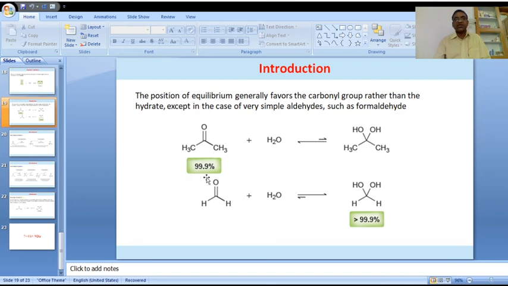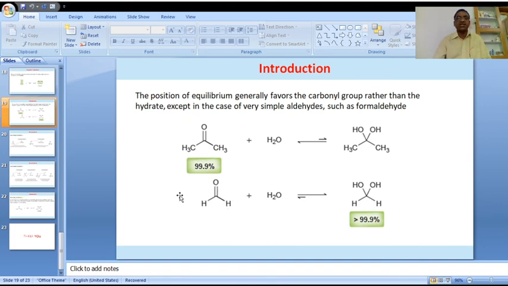For example, in the ketone acetone, it is 99.9 percent acetone. If it undergoes reaction with water, it gets a hydrate structure. This hydrate is an unstable structure. Immediately, with loss of H plus and OH minus, a water molecule is lost and it turns back into 99.9 percent acetone.